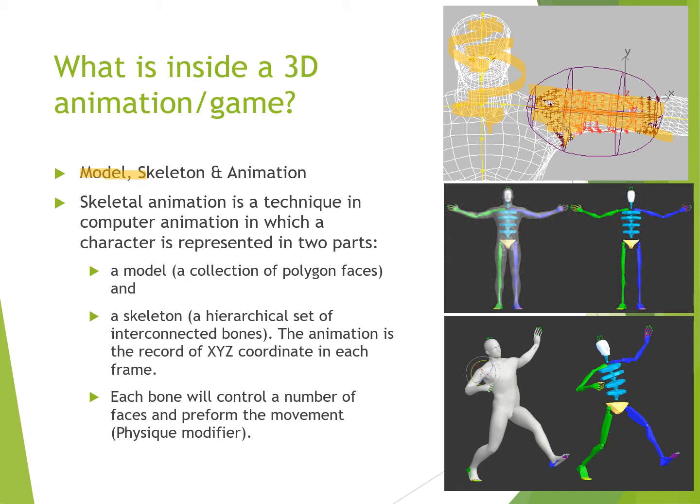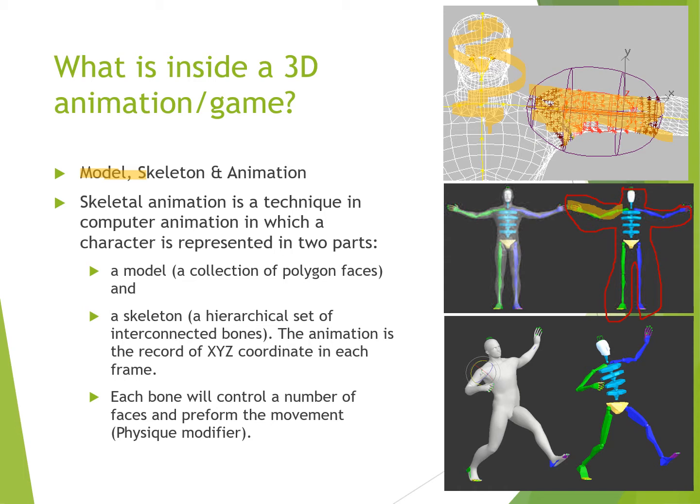To control the model polygons, we need a skeleton. Here is a skeleton. A skeleton can be a biped, a human structure, which we call a humanoid skeleton. You can also change it into different styles of skeleton.